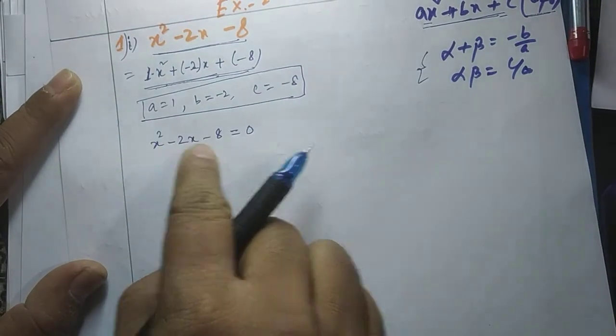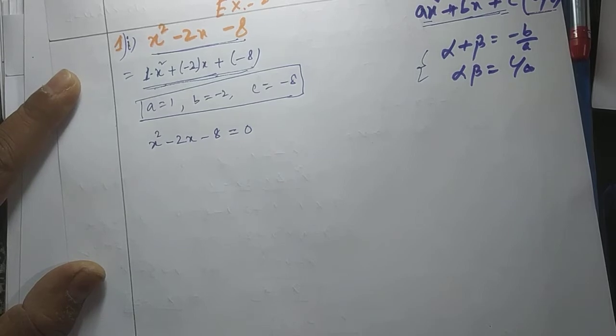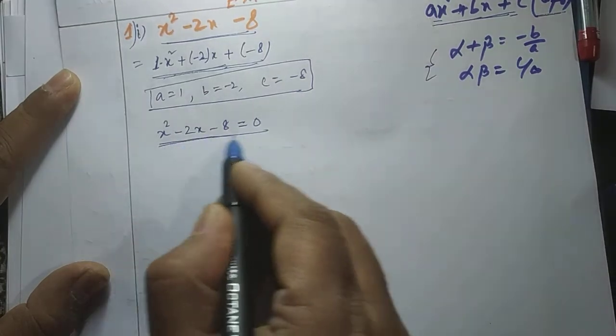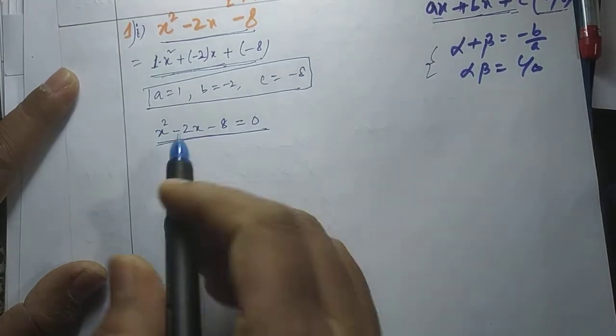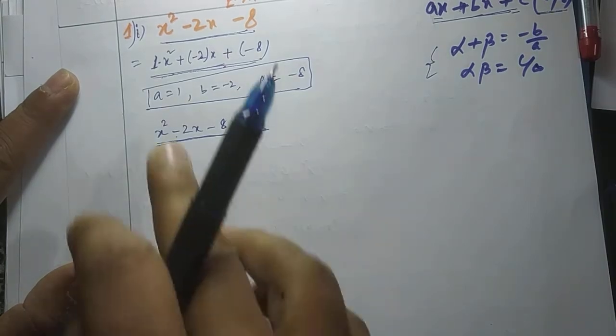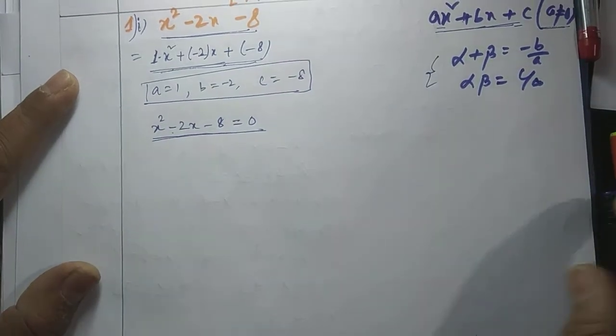We have to set the quadratic polynomial equal to 0. That is the first thing to be done for finding zeros. Understood or not? Now therefore it becomes an equation. Now we have to solve for this equation, means we have to find the values of x. Here how to solve? By using middle term factor, means by breaking the middle term.